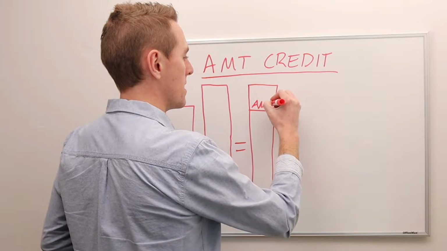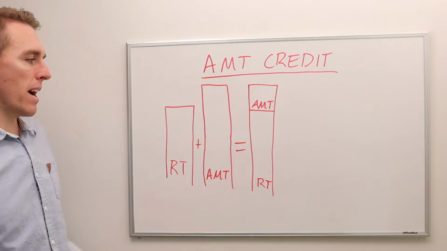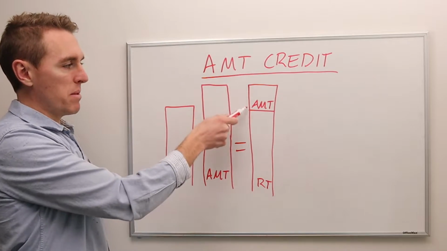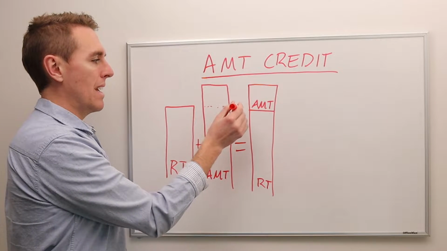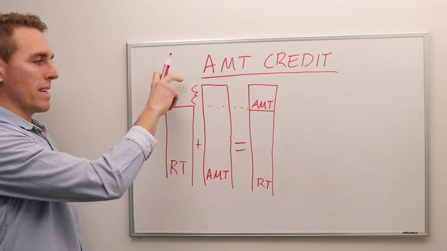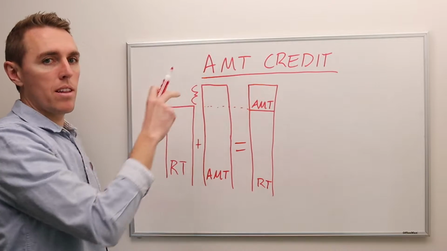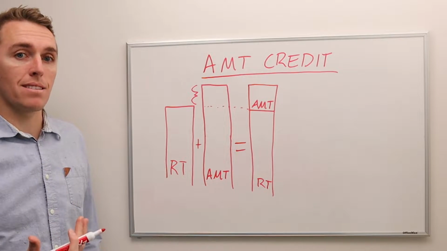This top portion is AMT and the bottom portion is regular tax. And that's simply calculated by seeing how much does AMT exceed the regular tax. Well, it exceeds it by that much, so we're going to tack on the alternative minimum tax onto your already existing regular tax liability.